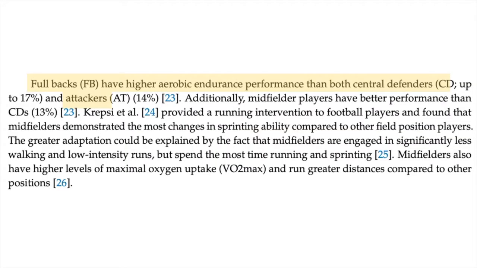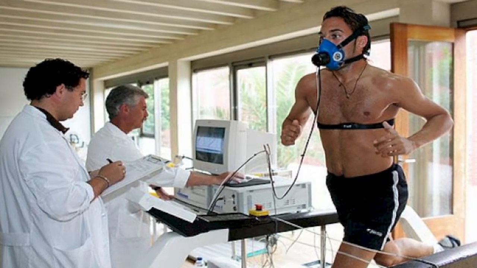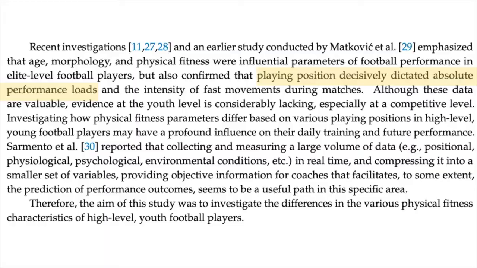And then it goes into some of the different positions and what their specific requirements are, where they're better and where they're lacking. So fullbacks, higher anaerobic, midfielders, they pretty much outperformed everyone. They change their sprinting ability, they walk less, they're running more, they have a higher VO2 max, and they're running greater distances. Playing position dictates absolute performance loads.